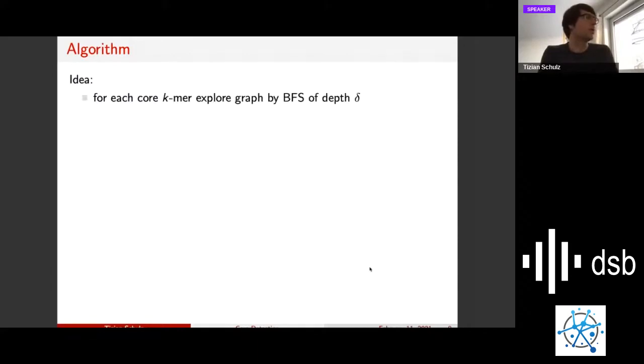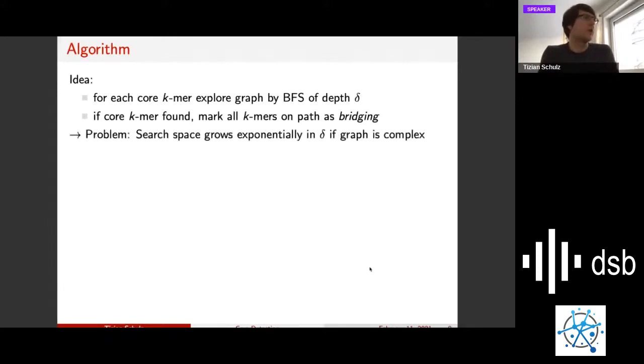What we could do is, for each core k-mer, explore our graph by a breadth first search of depth delta, and each time we find a core k-mer during this traversal, we mark all the k-mers on the path as bridging. The problem here is that the search space grows exponentially with delta, and if the graph is complex, this can become a problem very fast.